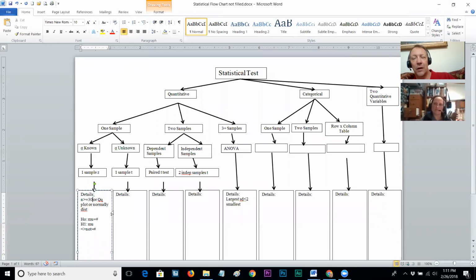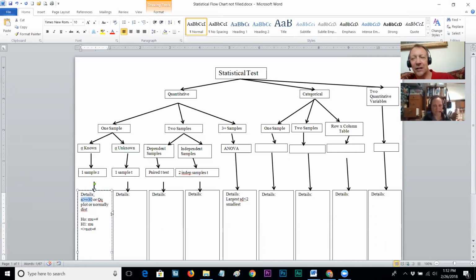A lot of students, when they're doing their projects, say, oh, we're going to get a sample size of 50, therefore, according to the central limit theorem, it's automatically normally distributed. No, there's nothing automatic about it. You could have a sample size of 100 and it might not be normally distributed. So 30 should be recommended as a guideline.